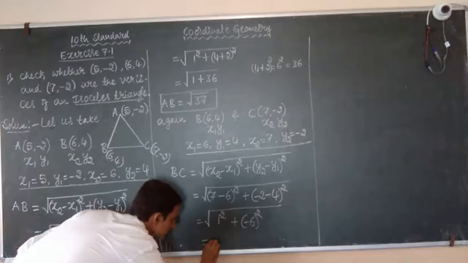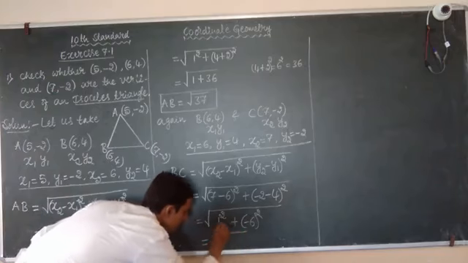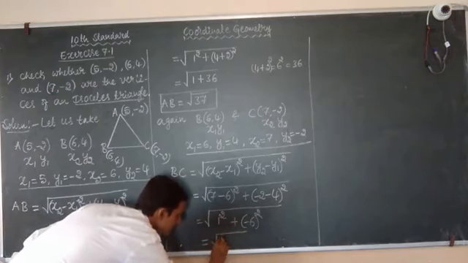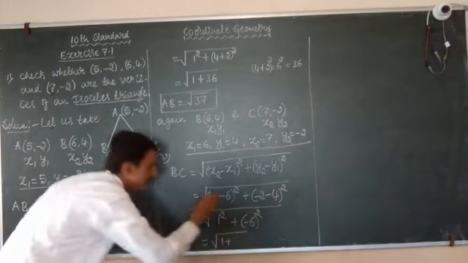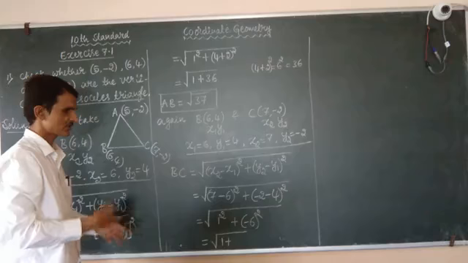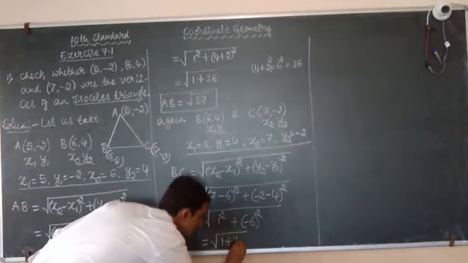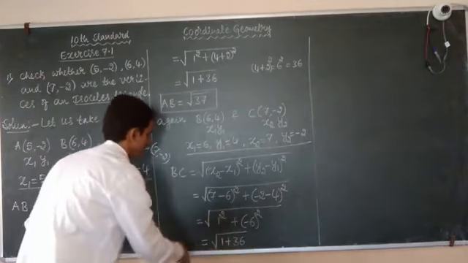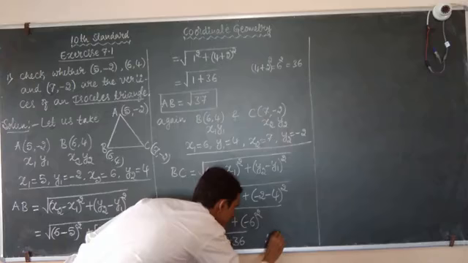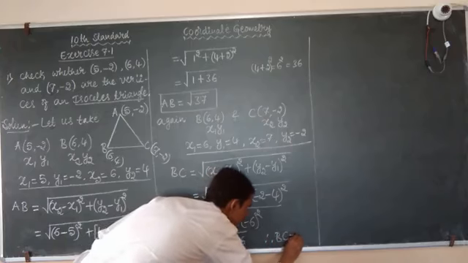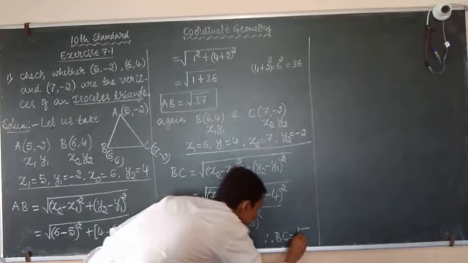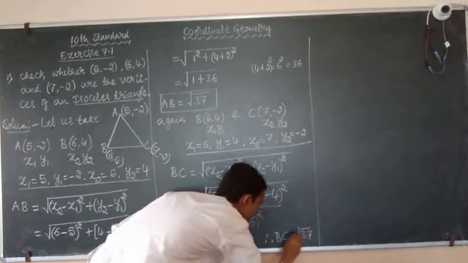This will become root of 1 square is 1 plus minus 6 into minus 6, it will be plus 36. So if you add, therefore BC equals root of 37.